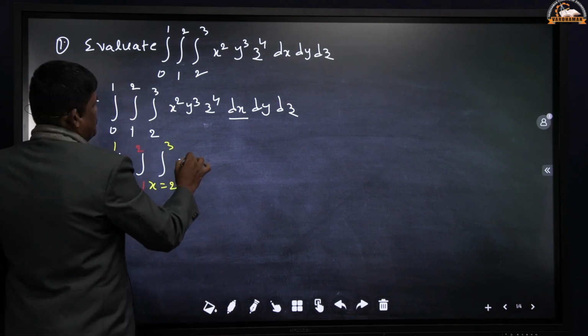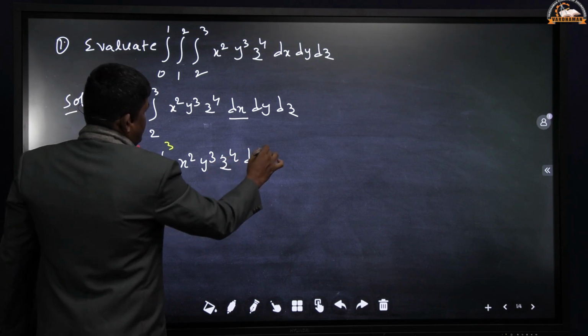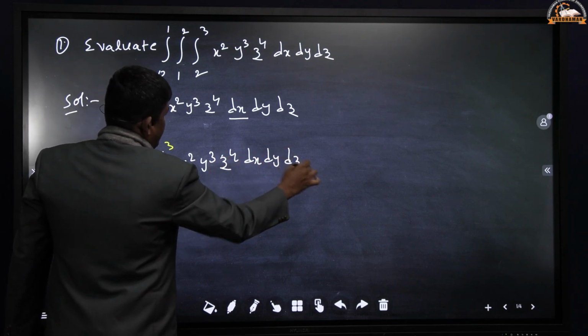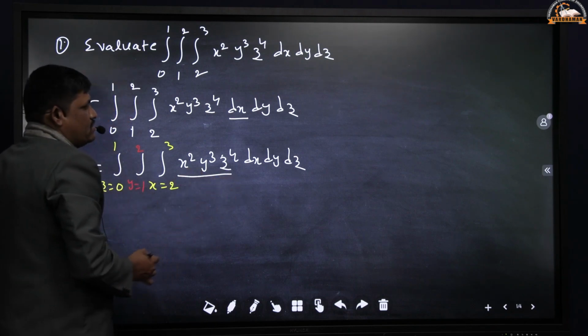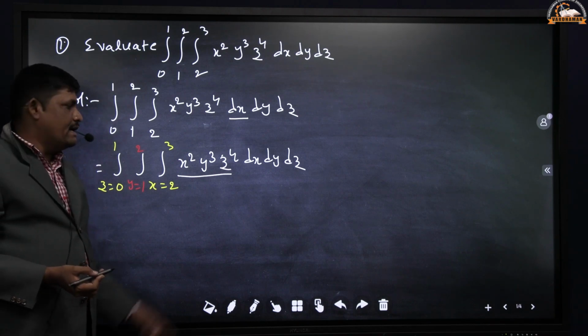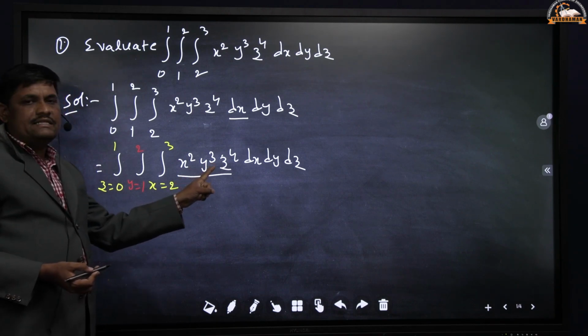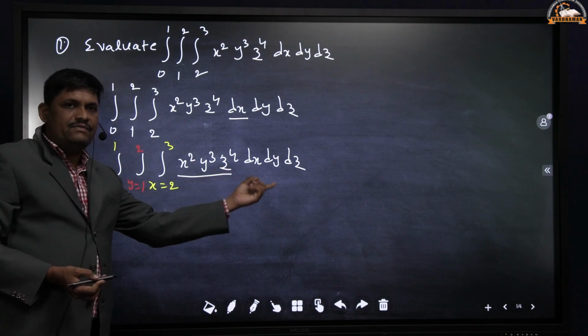Let's take x square y cube z power 4 dx dy dz. And luckily here the product is available between the three variables, so you can separate the integration. If suppose the product is not there and plus is available, then first you do with respect to x, then with respect to y, then with respect to z.